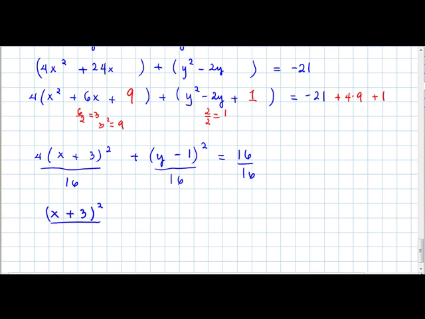Four divided by 16, they cancel out, and we have 4 left right here, plus y minus 1 squared over 16 equals 1.